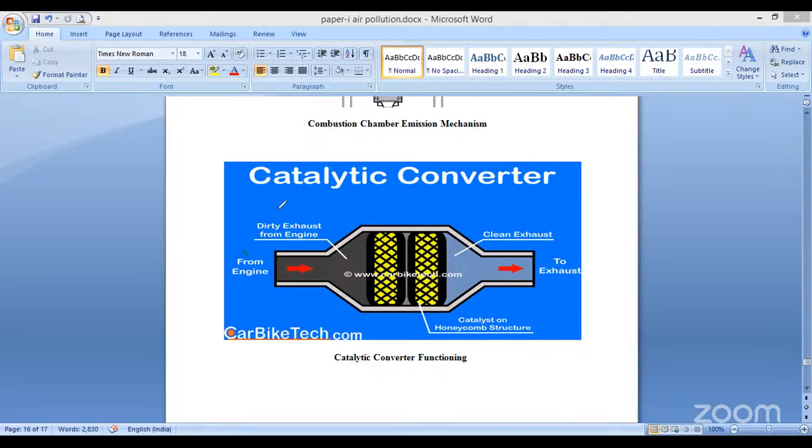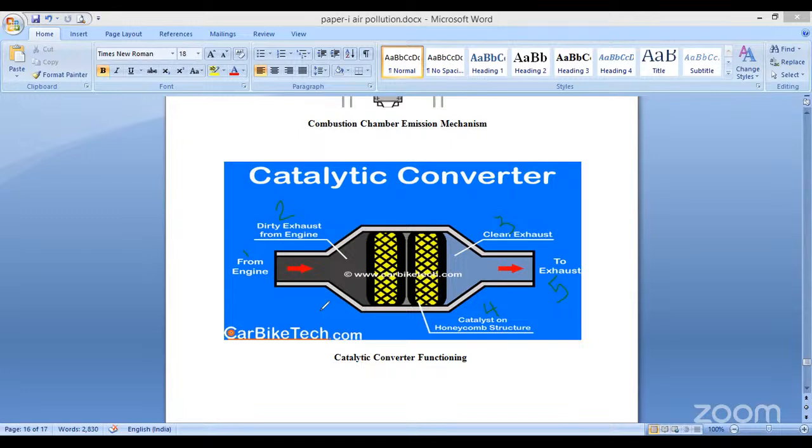First one, second one, third one, fourth one, fifth one. These are the five important subheadings which are present in a catalytic converter.